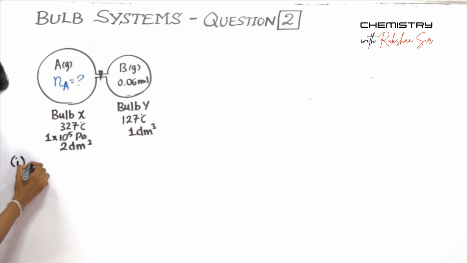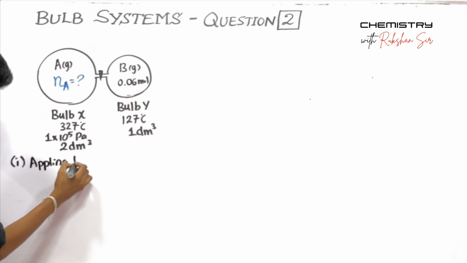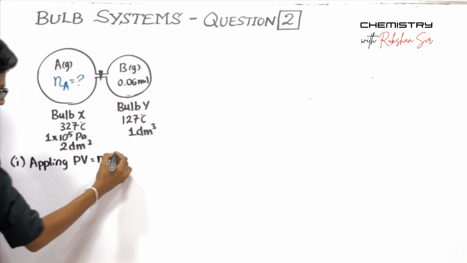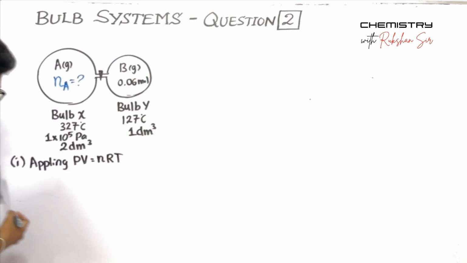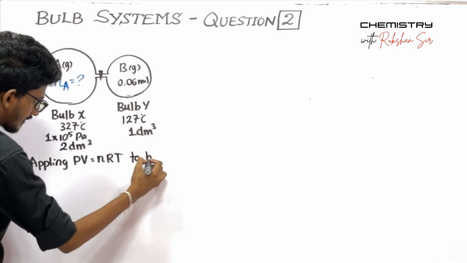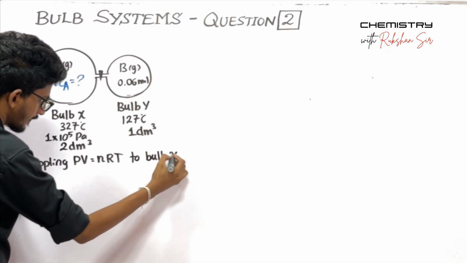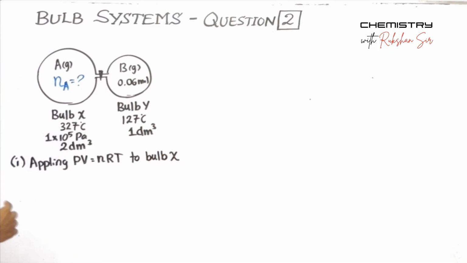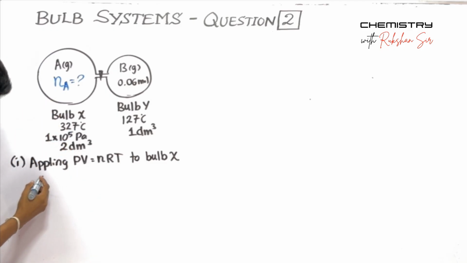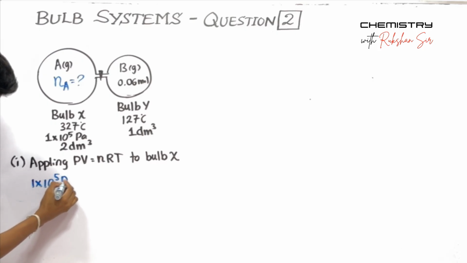Applying PV equals nRT to bulb X. The pressure there is 1 into 10 power 5 pascals.